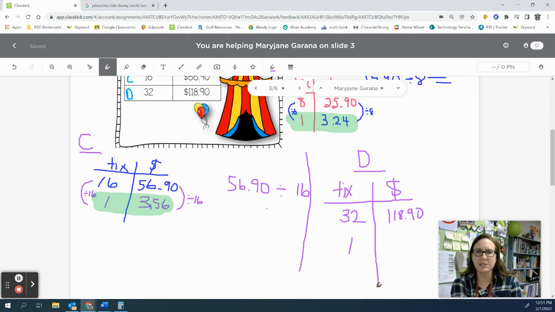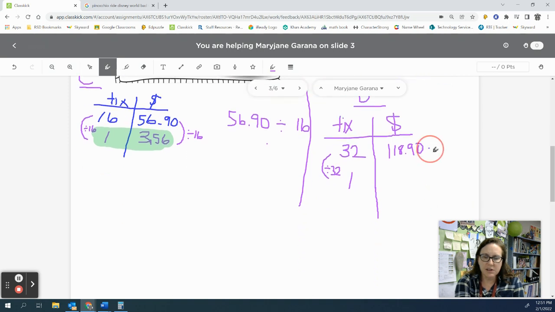We just wanted the best deal possible. So to get there, we have to divide by what? And we have to divide 32 by 32, which means on this side, we have to divide $118.90 by 32. And we're going to use a calculator. 118.90 divided by 32. Type it into your calculator. What do you get?